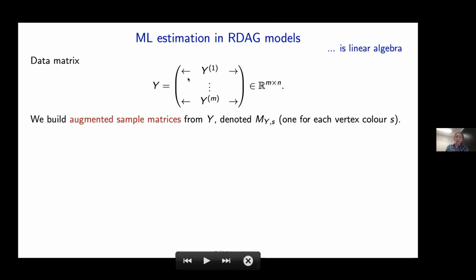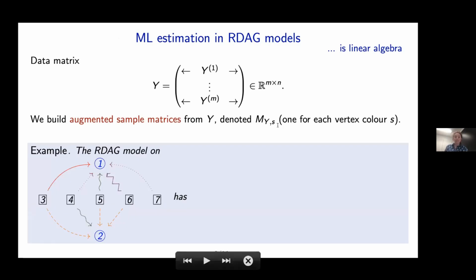And from this data matrix Y, we build what we call augmented sample matrices. We denote these by MYS. So we're going to build one for each vertex color S. Okay, and here's an example.